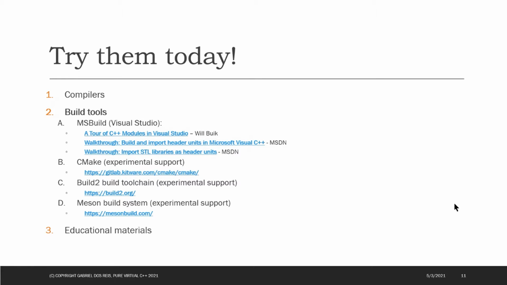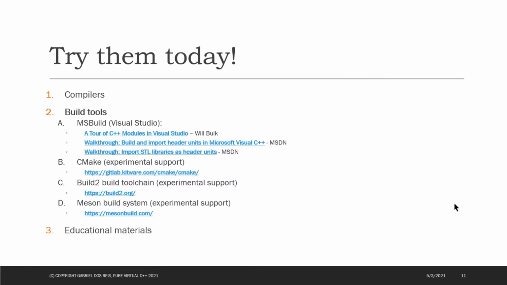And if you want to know how to use modules with MSBuild, given the length of this talk, I encourage you to go and look at these three documentations. A blog post by Will, which gives you an overview of C++ modules in Visual Studio, the integration in the IDE and toolset.